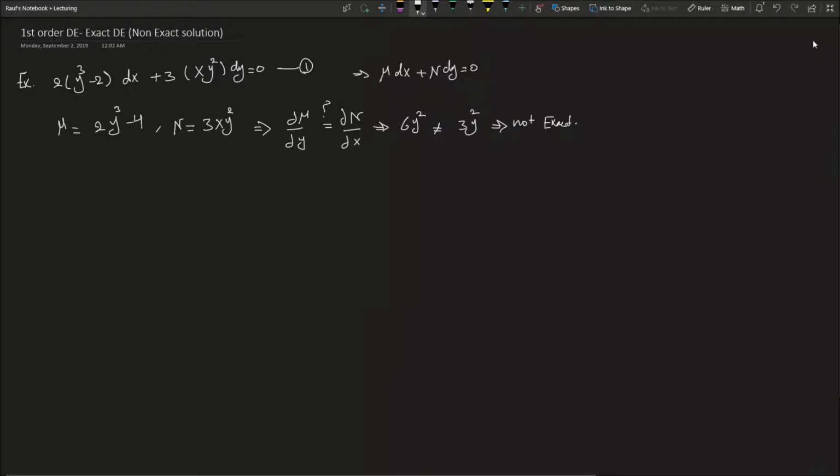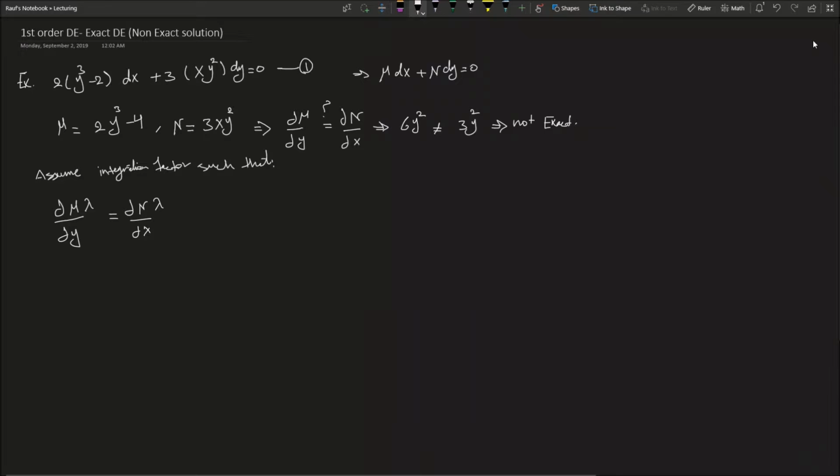So we will assume an integrating factor such that your integrating factor should satisfy the following equation: partial of mu multiplied by the integrating factor lambda over partial y equals partial of nu multiplied by the integrating factor lambda over partial x.